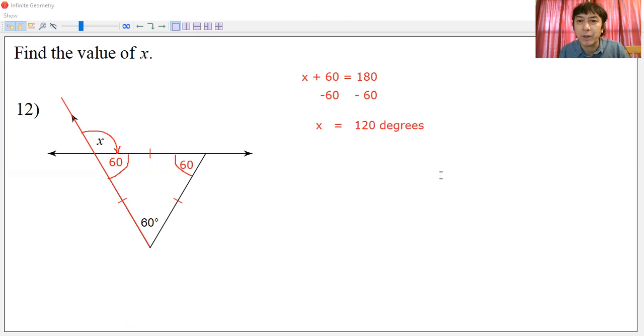All right, 120. That's the value of x, okay? It's an exterior angle, okay? It's outside the triangle, so that's the unknown. All right, and so what is the answer? There, okay? All right, the computer shows the answer. It's 120 degrees. Okay, all right, so we'll continue with next number 13.